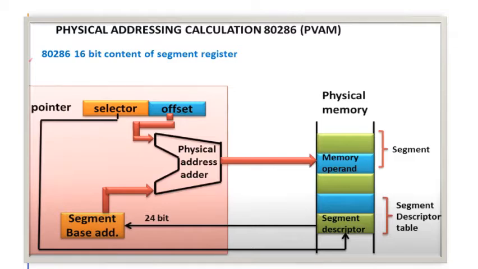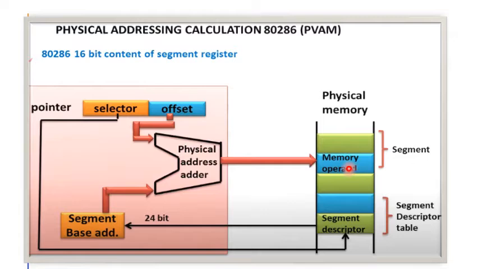The protection mode uses a 32-bit pointer which consists of a 16-bit selector and a 16-bit offset component, as shown in the diagram. The selector specifies an index into a memory resident table rather than the upper 16 bits of the real memory address.